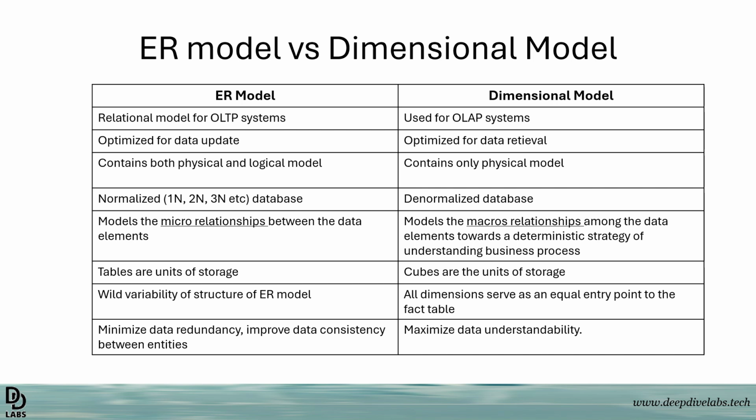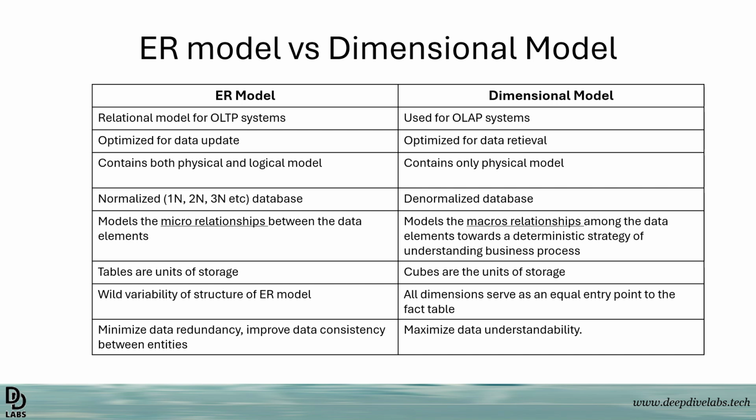An ER model is normalized. We have seen the different types of normalization, 1NF, 2NF, etc. Whereas your dimension modeling is denormalized. As we have seen, the star schema is denormalized, and your snowflake is a little more normalized, right? Normalization, quick recap, is reducing redundancy of your data.